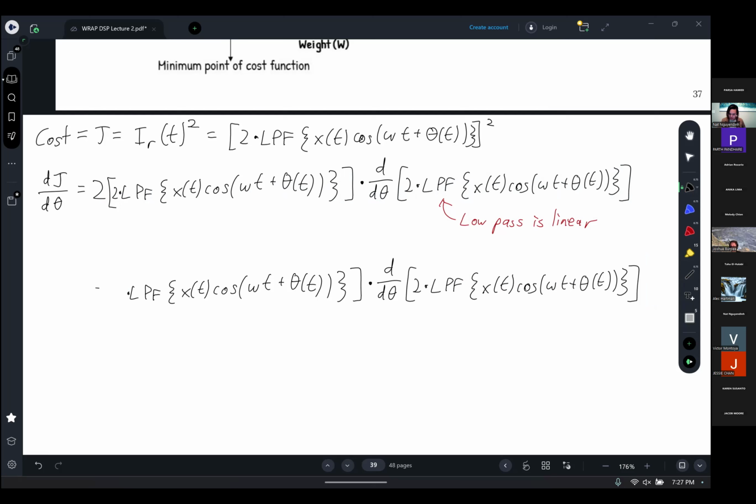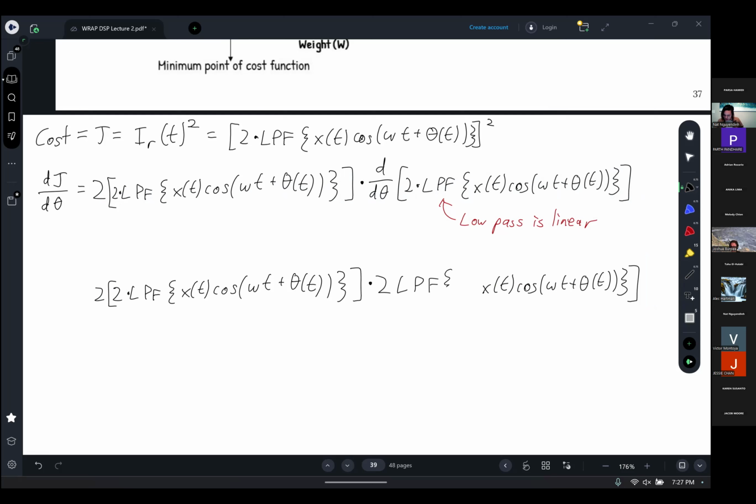I'll also clean this up while I'm at it. Okay. So now we can just move this on the outside, the low pass filter.